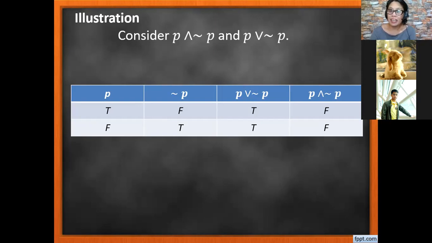On the other hand, class, P and negation of P will always be a contradiction. Do you agree? Because our rule for the connective and is that both statements must be true. And if we are combining a statement and its negation, of course, one will be true, the other one will be false. So, P and negation of P will always be a contradiction.